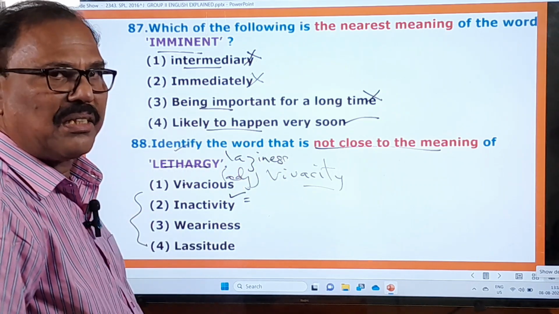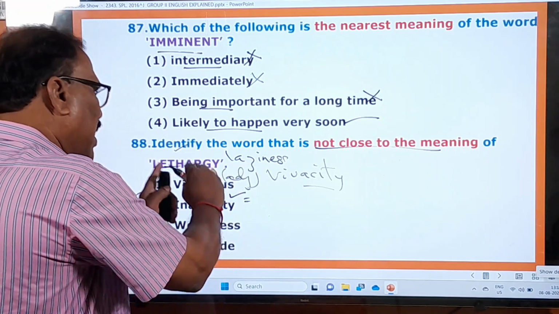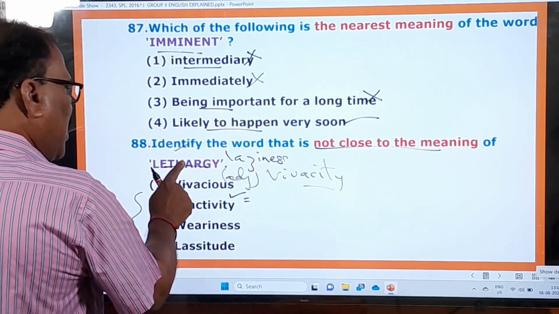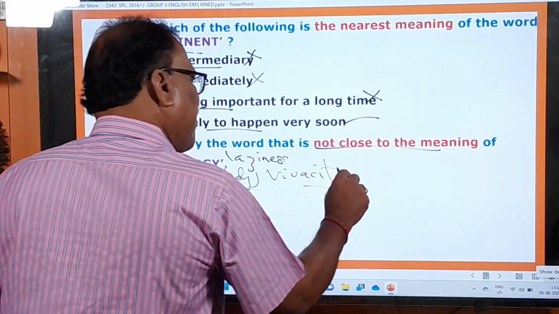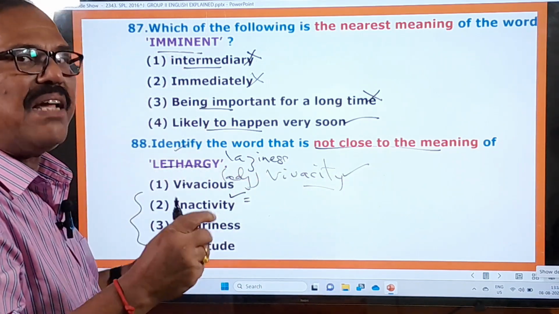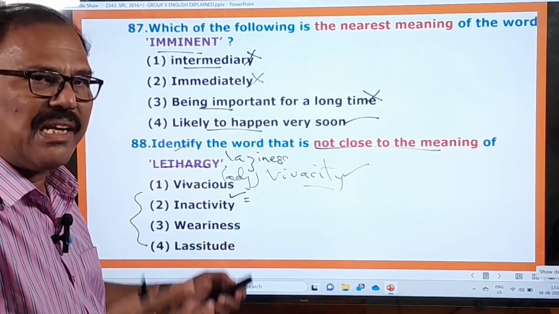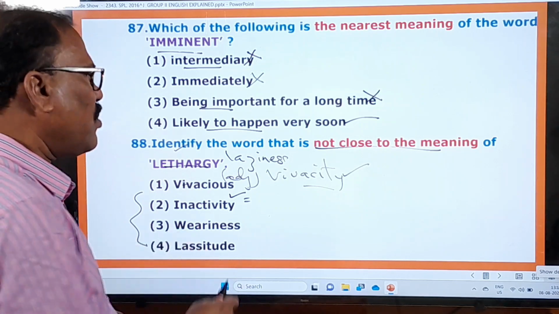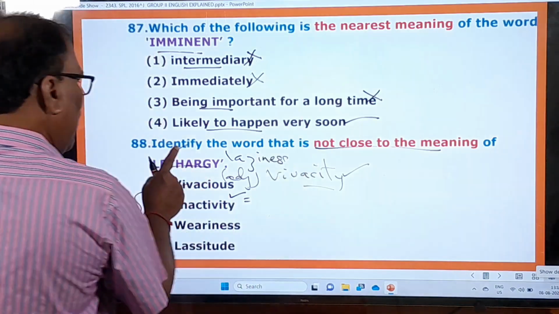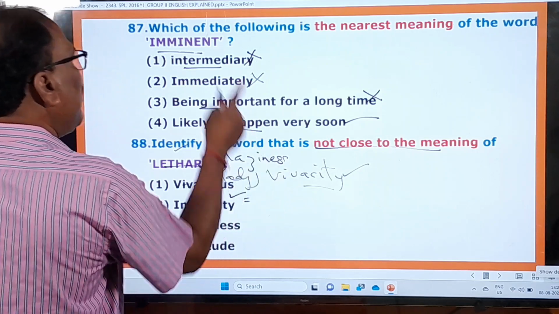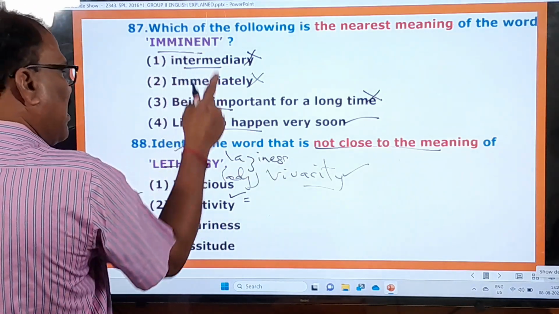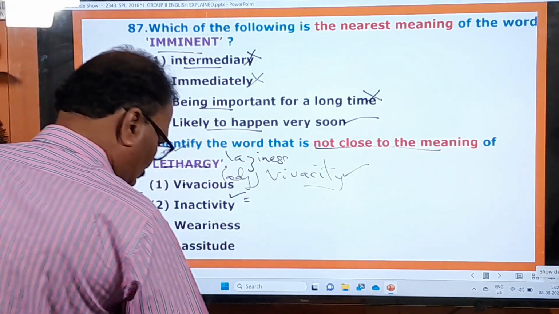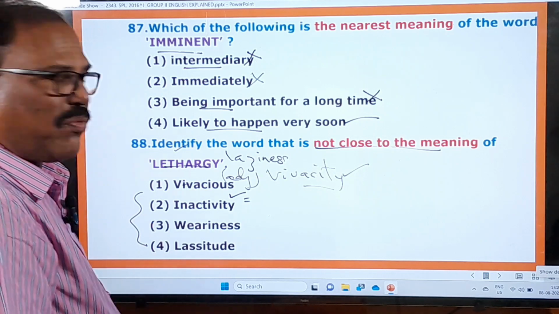I'm not questioning the composer of the question, but it should have been like this. Then you can understand. The opposite of lethargy is vivacity. Vivacity means liveliness, sprightliness, activity. The synonym of imminent is likely to happen. Okay, now let's go to the next question.